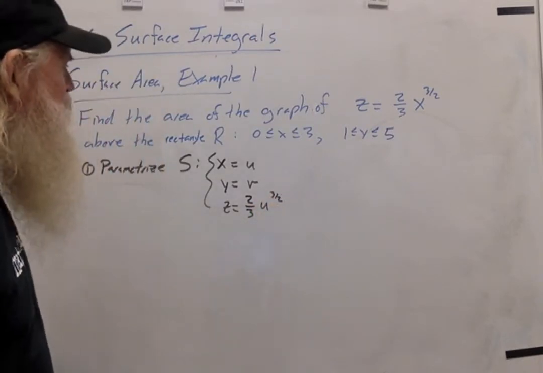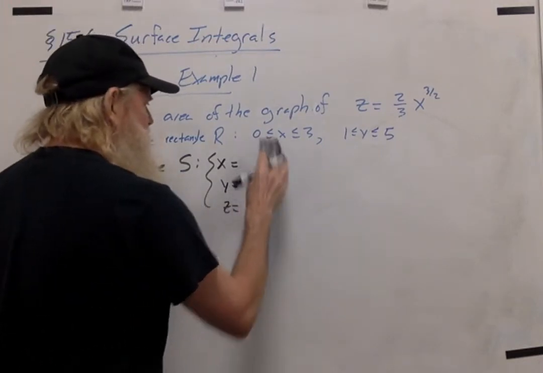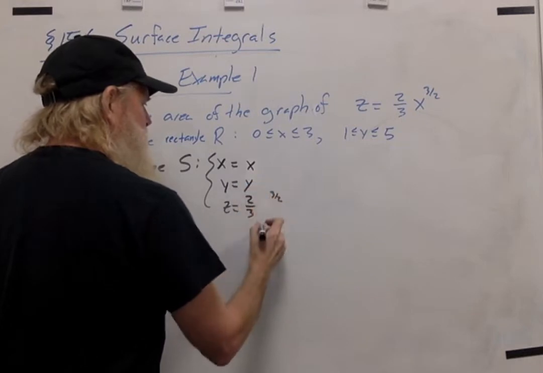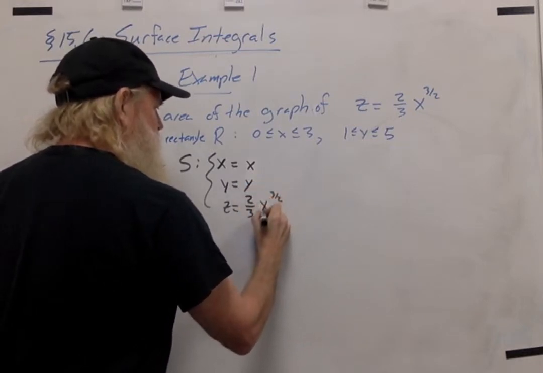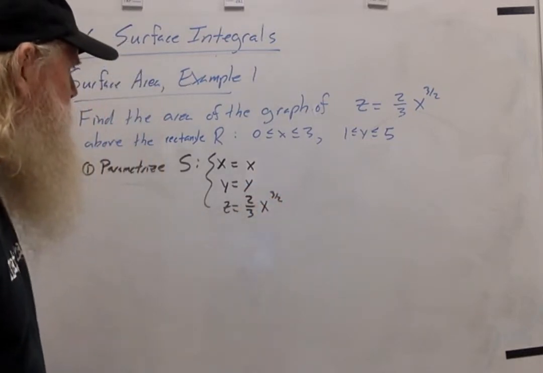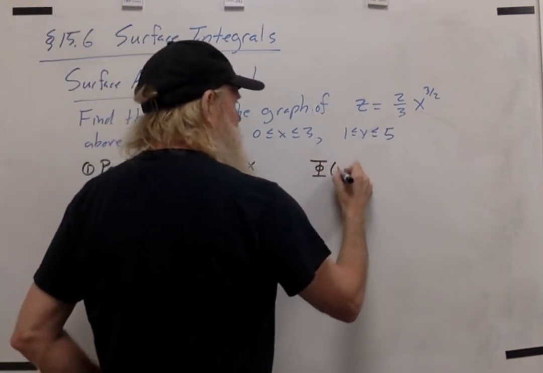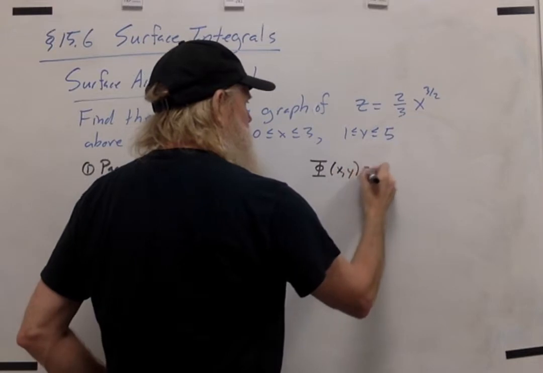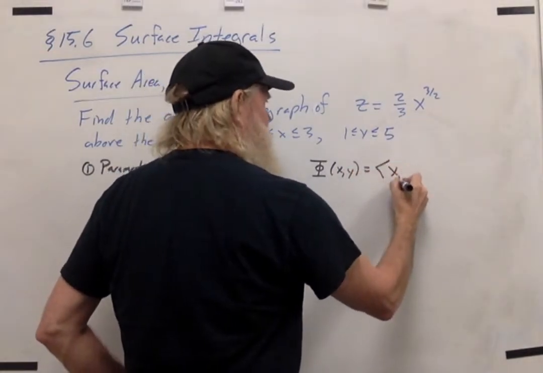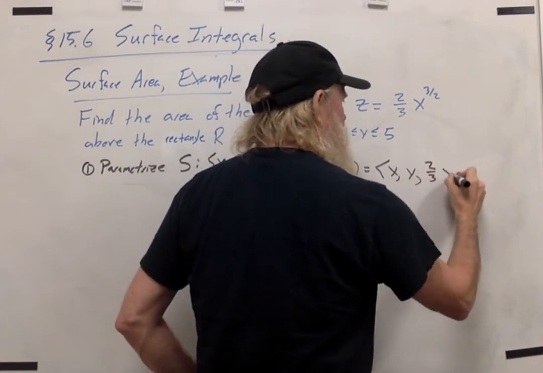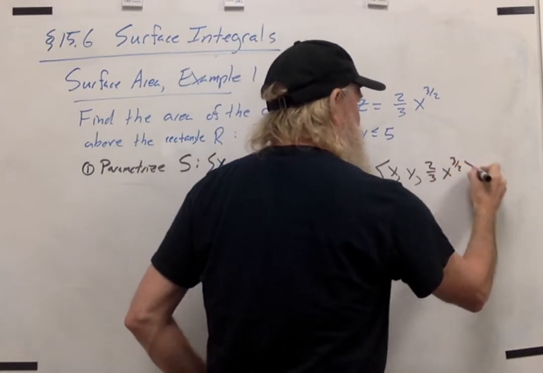But I think it'll be easier for us to understand if we simply let x equal x, y equal y, and then z equals 2/3 x to the 3/2. So our parameterization phi of x and y is given by x, y, and 2/3 x to the 3/2 power.